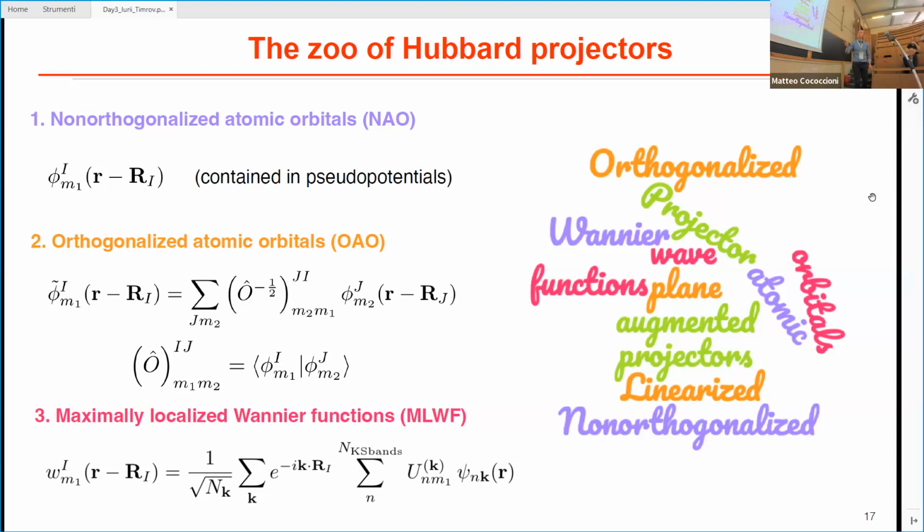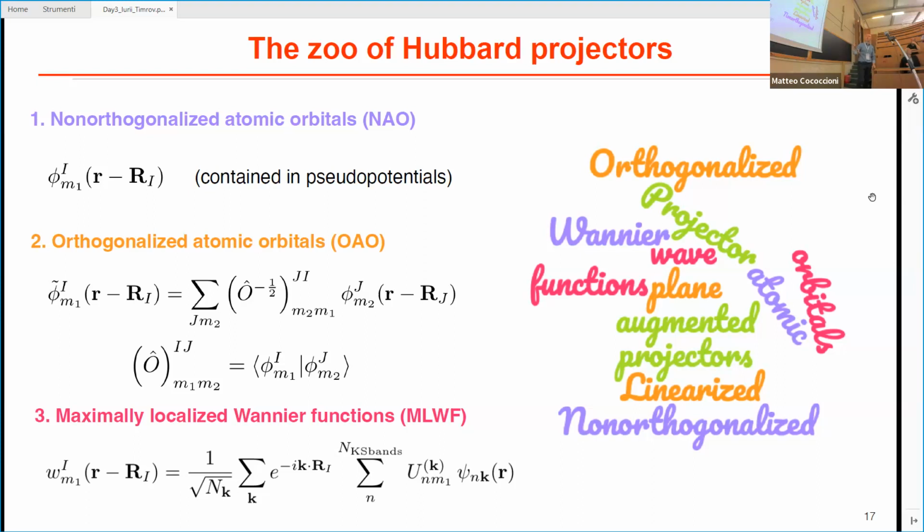So the first one is using non-orthogonalized atomic orbitals, phi, which are provided with pseudopotentials. Second option, if you want something more complicated than that, you can use the Löwdin orthogonalization method. So you compute the overlap matrix between neighboring orbitals, and then you invert this matrix and take square roots, and then you take a linear combination of these inverted objects with the original non-orthogonalized orbitals, and you call it phi tilde.